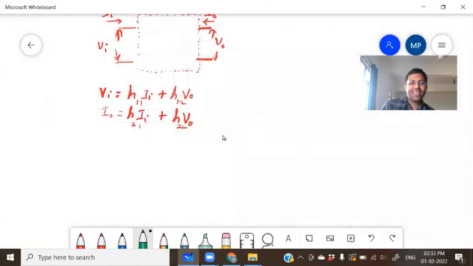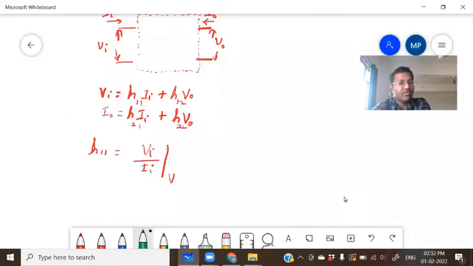So how can you define H11? Suppose we make V0 zero, then H11 is simply Vi by II. So H11 is Vi by II when V0 is 0.